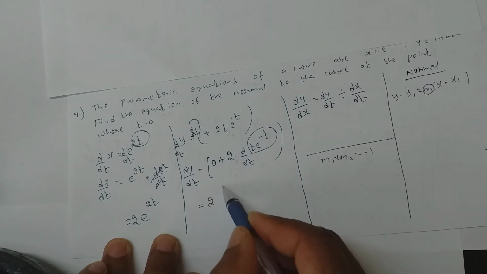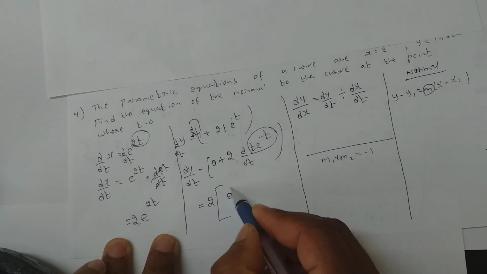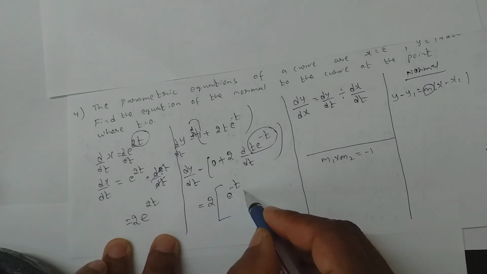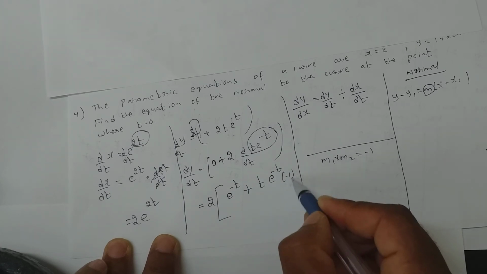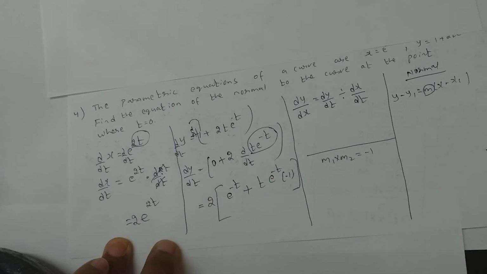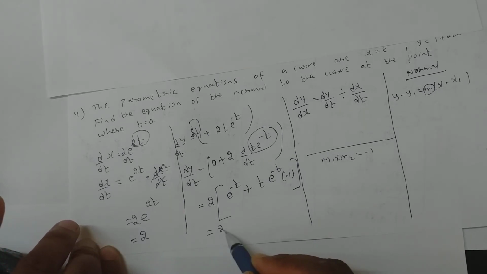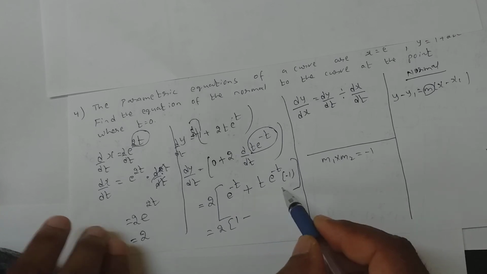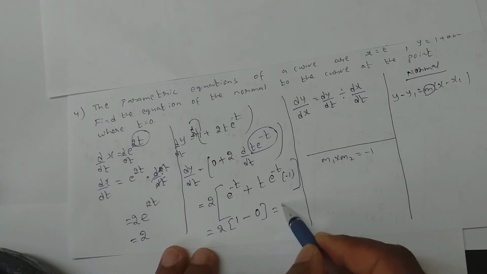So which is nothing but 2 brackets, differentiate one at a time. So t differentiation is 1 into e power minus t plus t into e power minus t into minus 1. Directly I applied. You can even replace t by 0. So when t is 0, here you get 2. Here how much do you get? 2 into, this is 1 and t is 0, so this is 0. So this one is also 2.